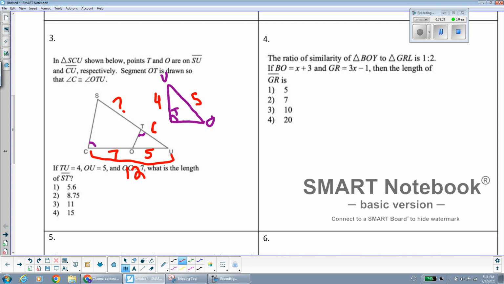I'm also going to mark what we know about TU over here. So let's set up a proportion to find the missing side of the big triangle that we need. So side SU, I'm going to label as x. If I'm setting up a proportion, I like to do small over big equals small over big. It's not the only way to set up a proportion. So I know that a side from the small triangle is 5.